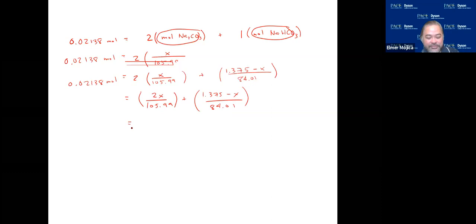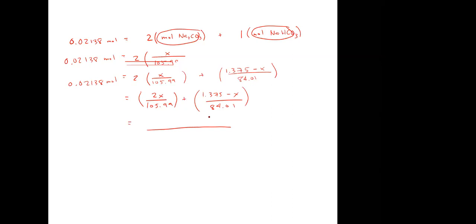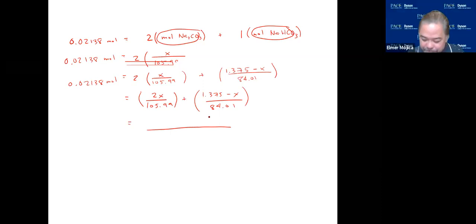105.99 times 84.01. Right? So what's the common denominator between the two? Anyone? 8,904.22. Very good.